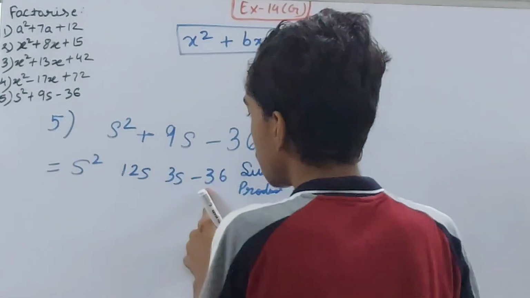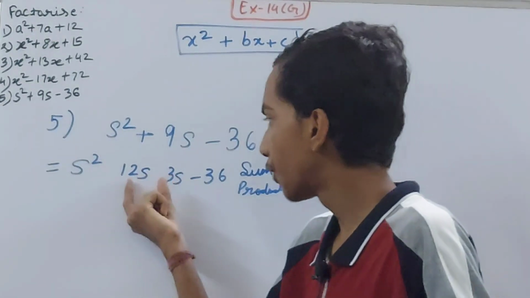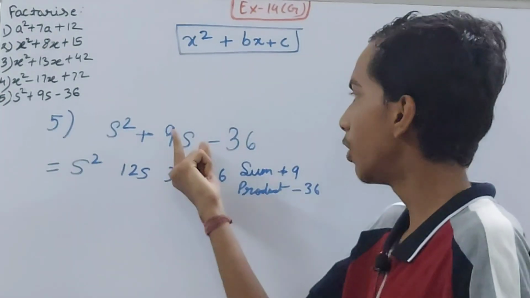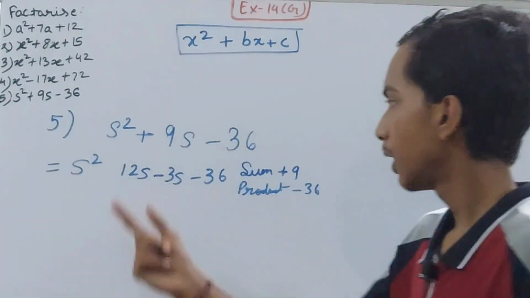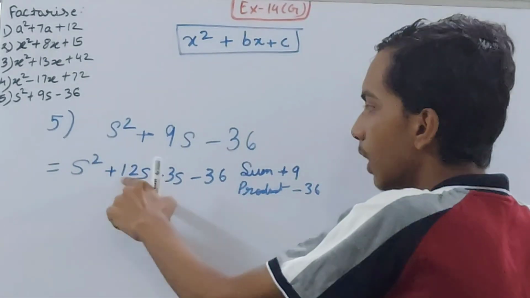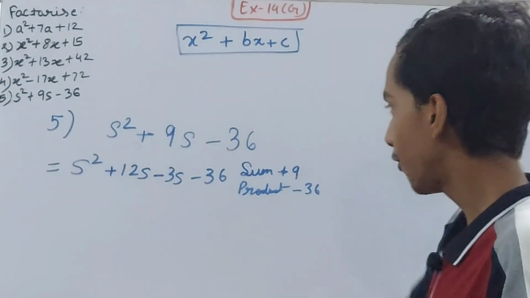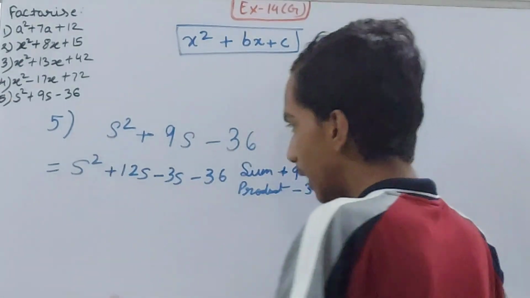Write down the rest of the question. Now we will give them the signs also. See carefully. 12 and 3. So we want plus 9. I can make this 3 minus and this 12 what? Plus. Now see, 12 minus 3 is plus 9. 12 into minus 3 is minus 36. Our work is done. So we can now solve this.